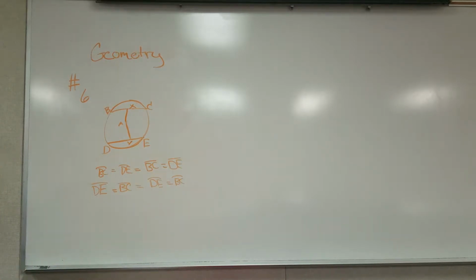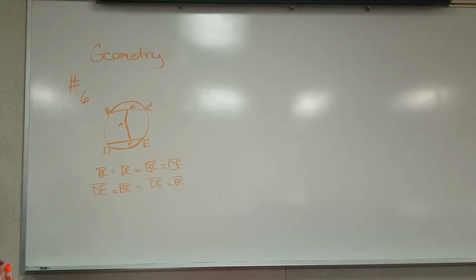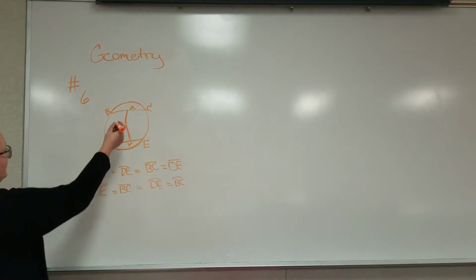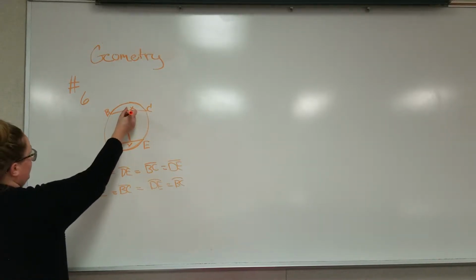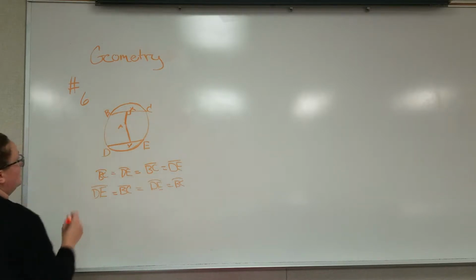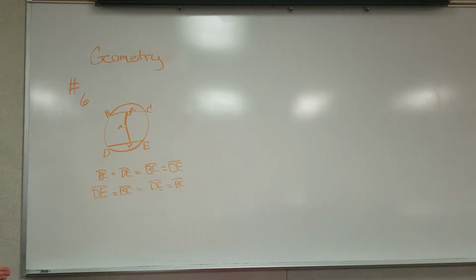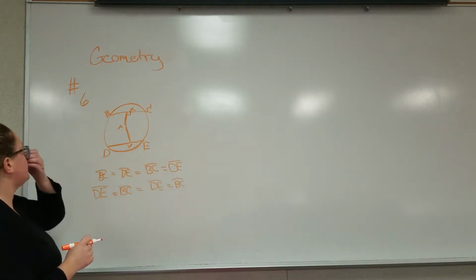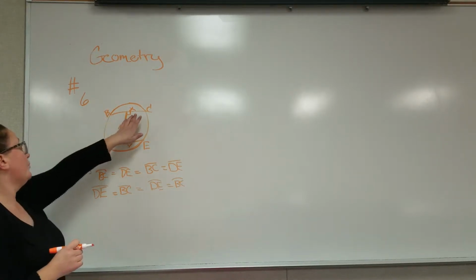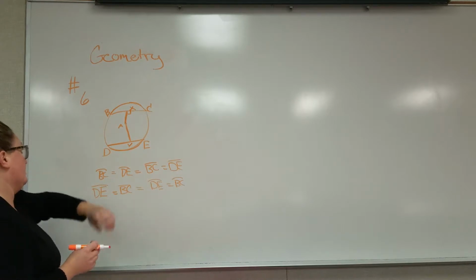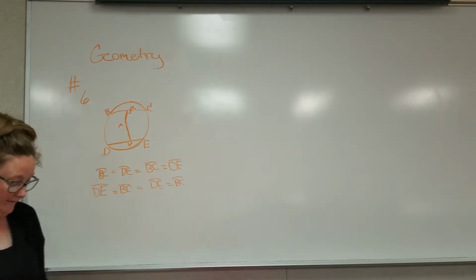And then the last one is if AX is perpendicular to BC, so that means right here, these 2 lines are perpendicular. The theorem that goes with this is that diameters that are perpendicular to a chord bisect the chord. Okay, so that means it cuts the chord in half.